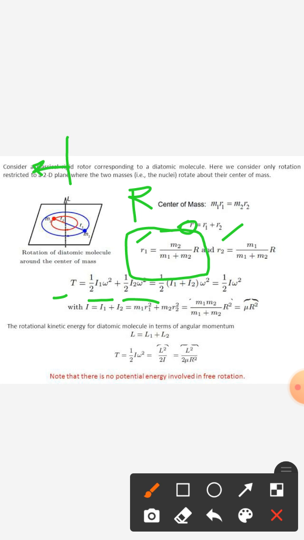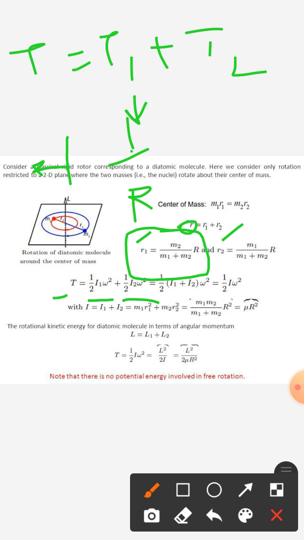So T equals T1 plus T2. Now T1, as we know that in rotational motion the kinetic energy equals half I omega square, here half I1 omega square, plus T2 equals half I2 omega square.